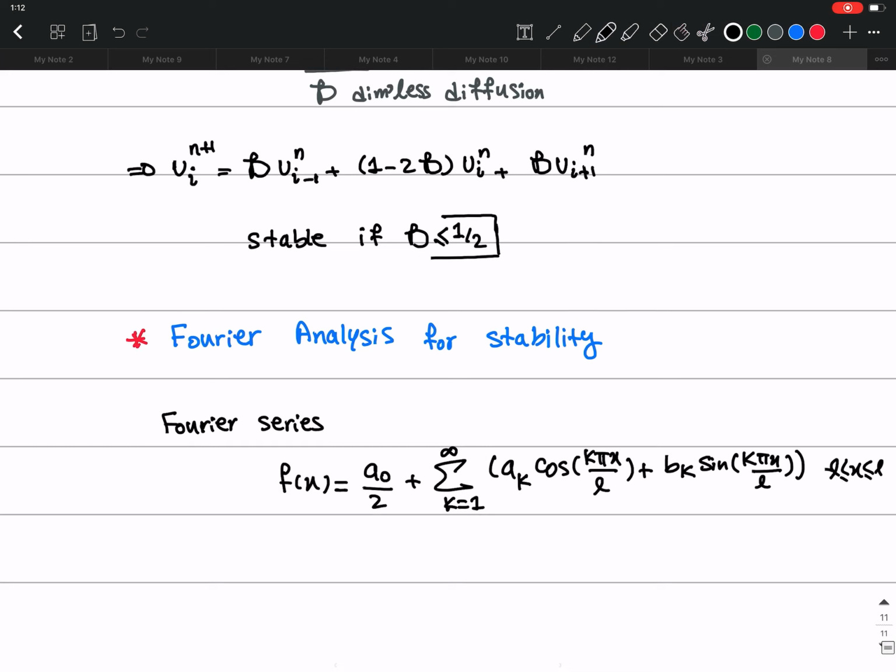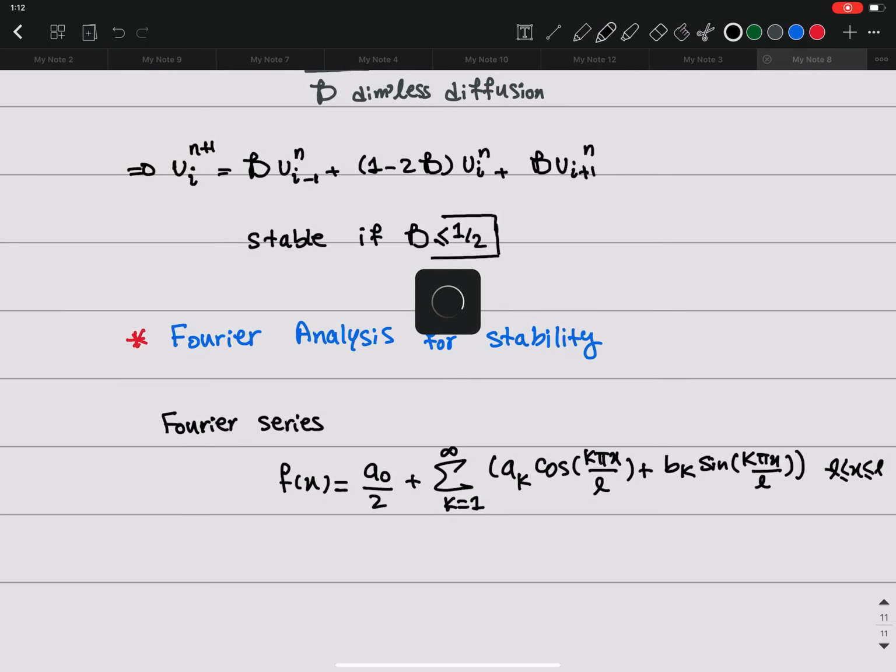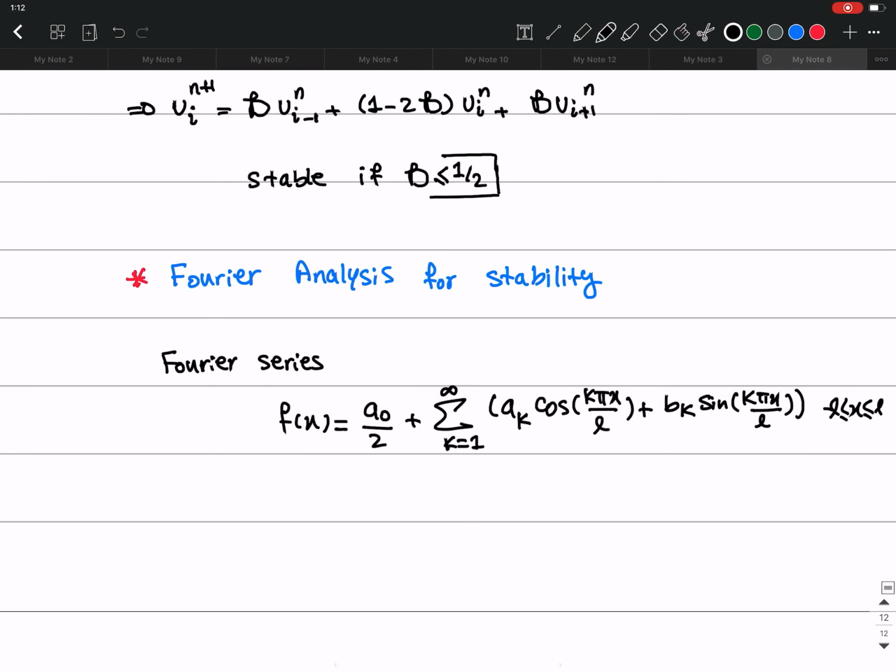And let me show this in the complex form. In the complex form, we define e to the plus minus i theta as cosine theta plus minus i sine theta.